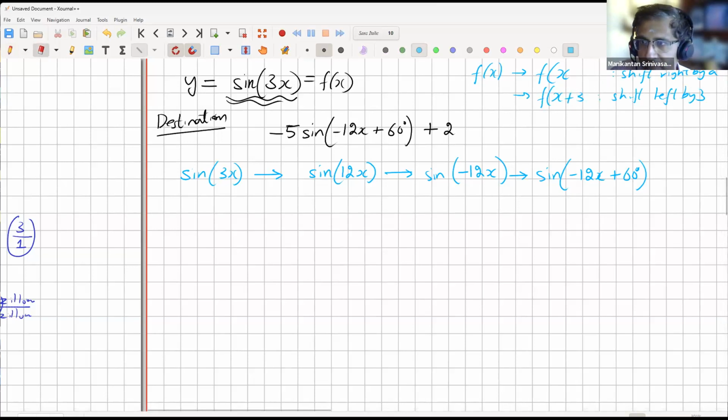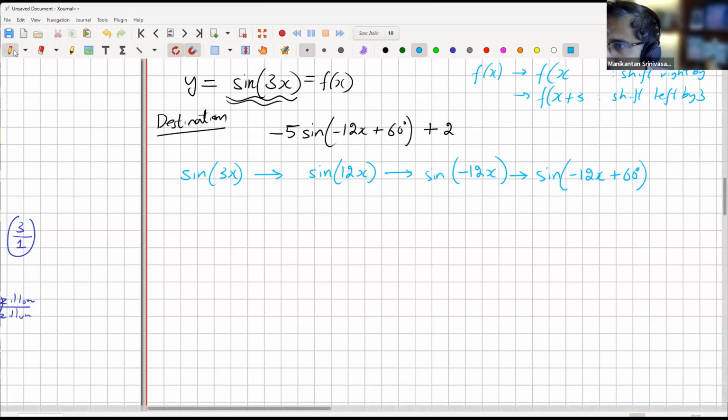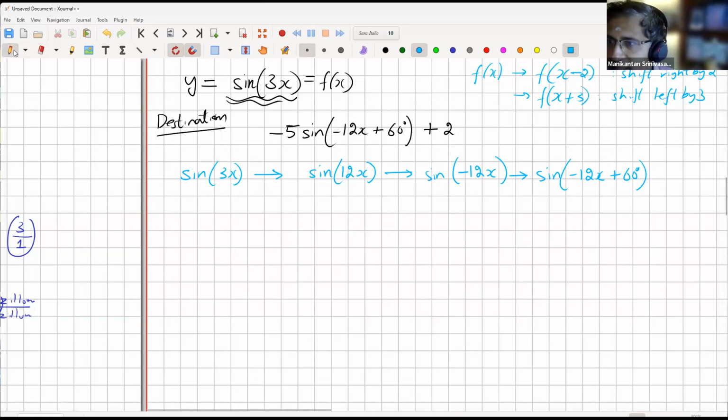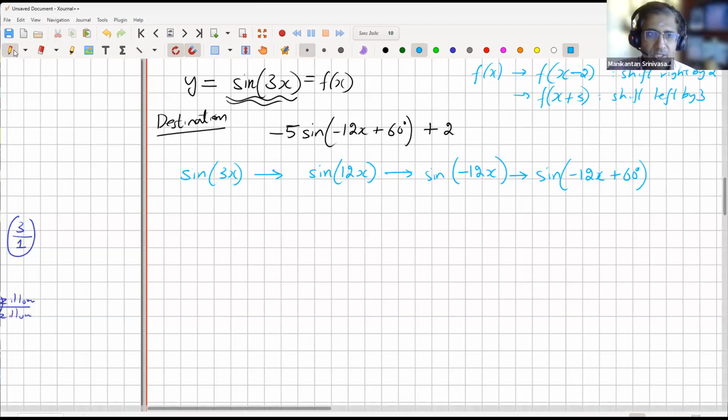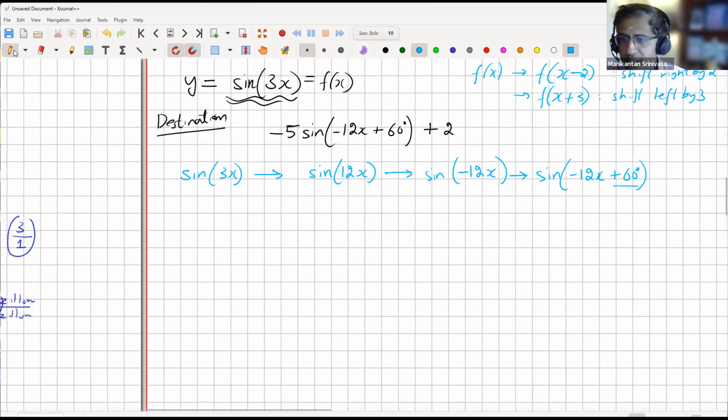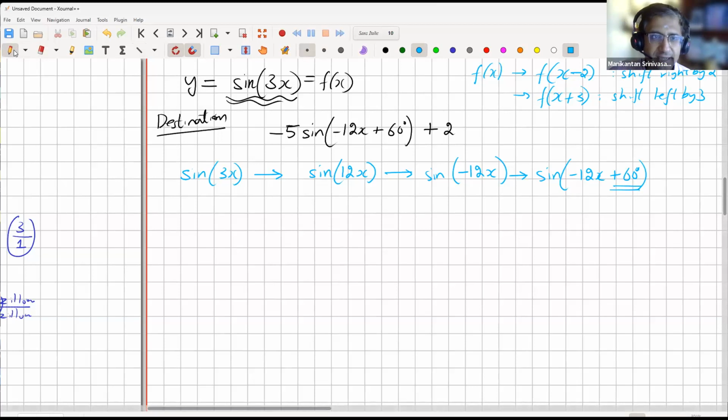So if we have f of x minus 2, shift right by 2. F of x plus 3, shift left by 3. So why am I saying this is not shift left by 60 then? Anyone?